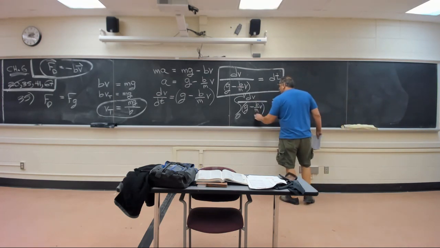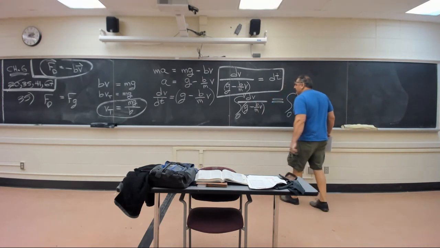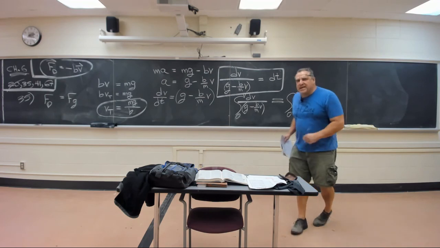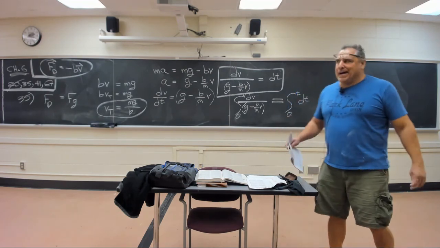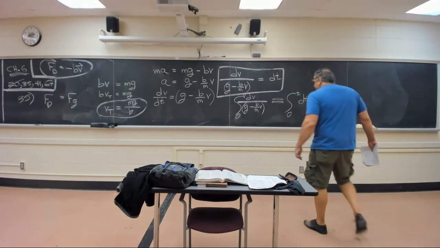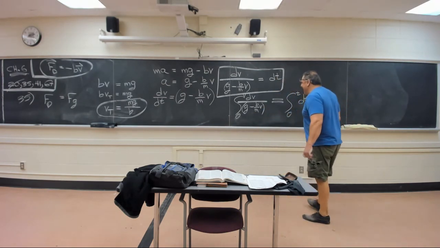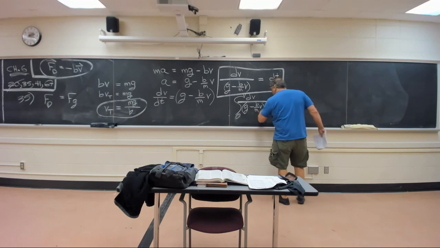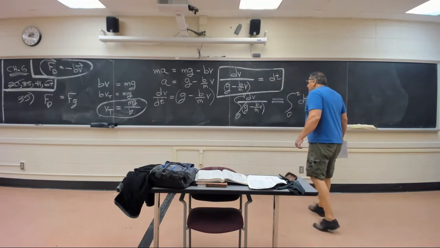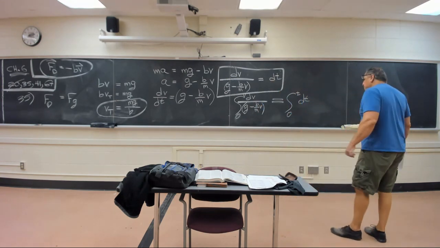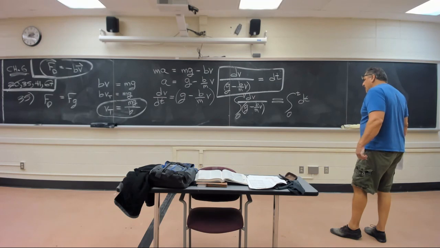How are you going to integrate this? Well, the integral of dv over v is ln v. This is kind of sort of like that, but it's this guy right here. How this thing's going to integrate is going to be ln of this entire mess times negative m over b to actually get there.